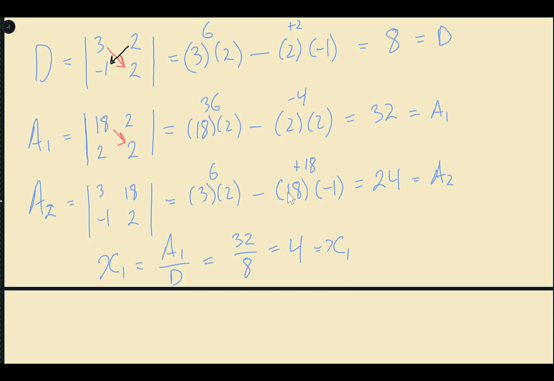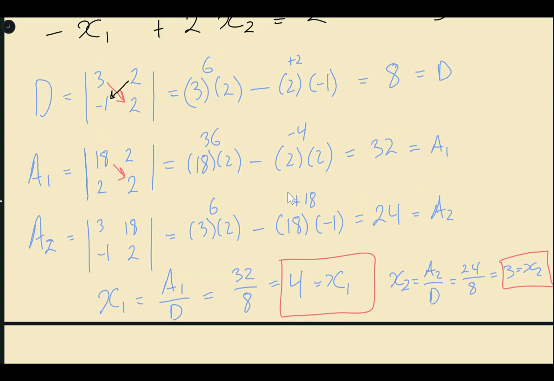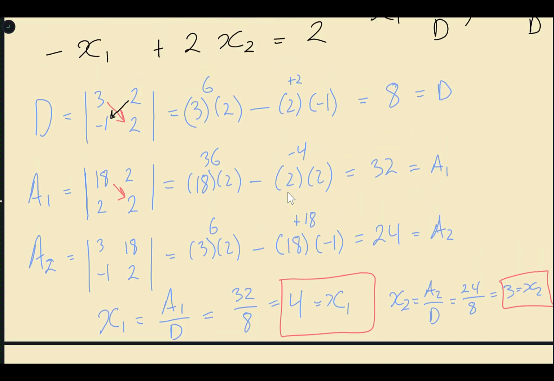So that's x1. Then x2 is A2 divided by D, which is 24 divided by 8, which gives us 3. So this is our x2. Any questions?